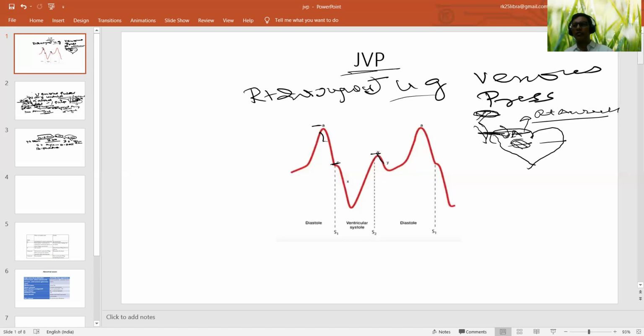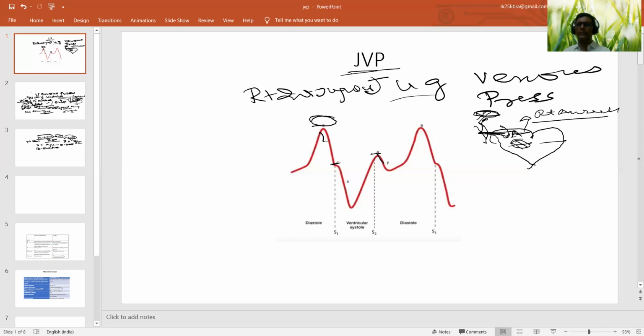This wave gets reflected and it is felt here. So this is the first wave when your auricles are contracting. They are putting pressure, and it is being reflected as your A wave.